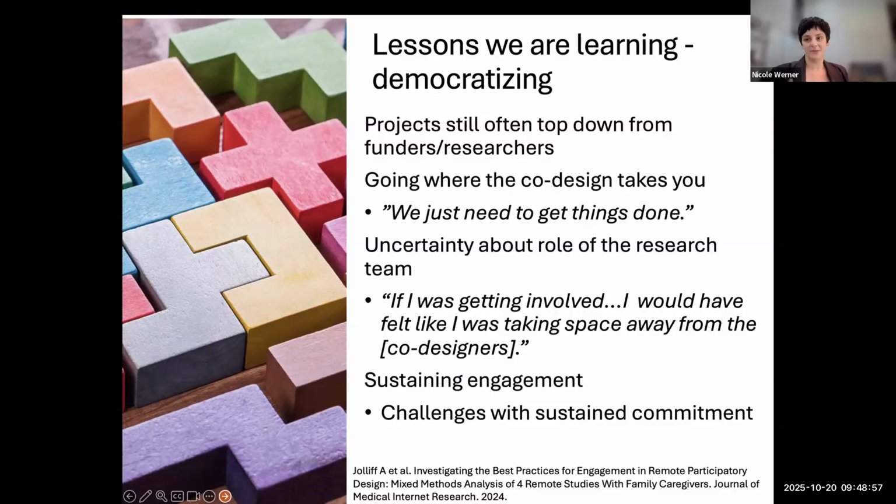One of the researchers interviewed in this cited article that we did, which reflected on four co-design studies, said, if I was getting involved, I would have felt like I was taking space away from the co-designer. So how do we create a method and an approach that allows everyone to contribute? That's really important. And there are these challenges with sustained engagement. You lose funding, the grant ends, and how do you keep engagement going?